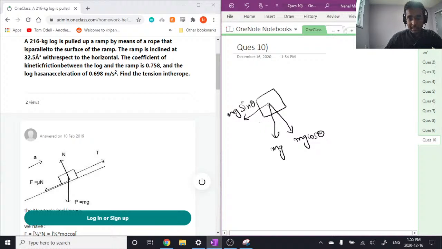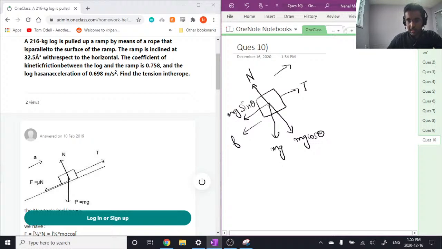Since this is not frictionless and friction always opposes motion and this is being moved to the right, we would have a frictional force F acting opposite to it as well. And then finally we have our normal force, and this is all being pulled by a tension force T.